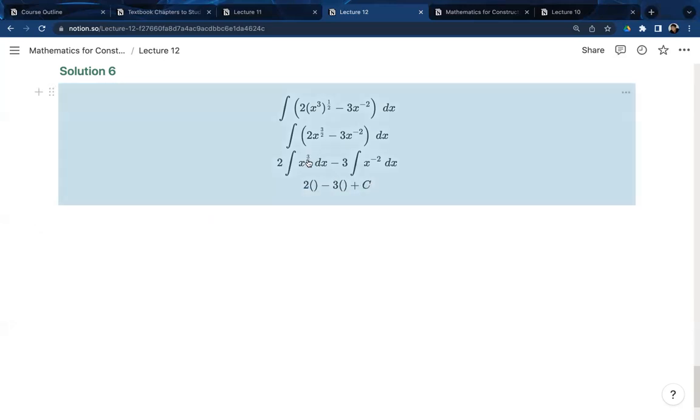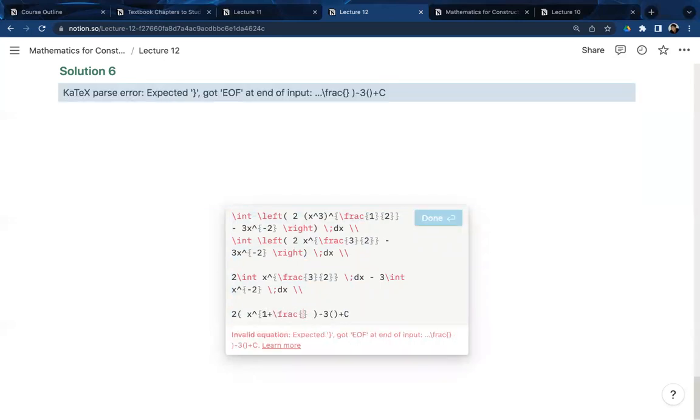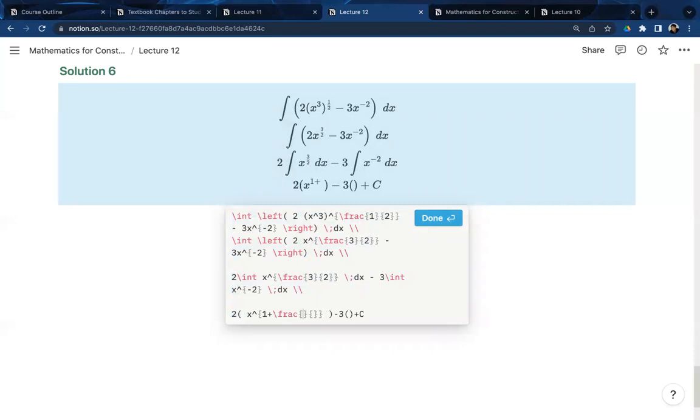So this 3 over 2, we add 1 to it. So this is x to the power 1 plus 3 over 2, right?